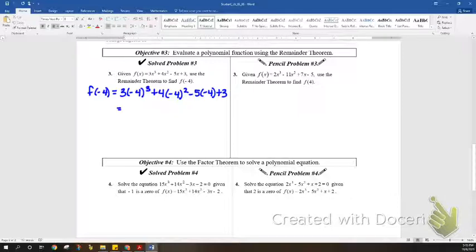I'm just going to put it in my calculator. And if I put it in right, I got -105. All right, so it tells me my remainder would have been -105. It also tells me that the point -4, -105 is on this graph.